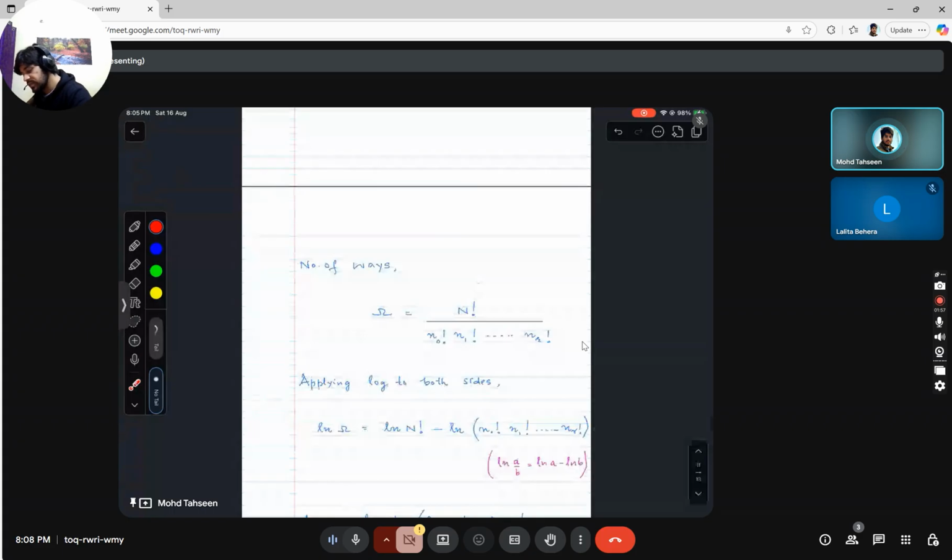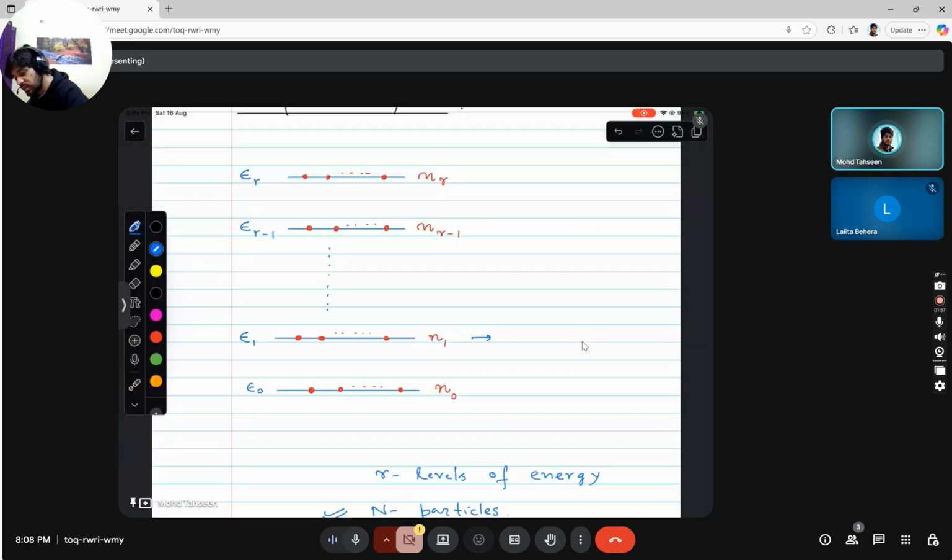What I mean by that is, if one particle goes from here to here, the energy here now would be whatever it was earlier plus epsilon 1, okay? Or let's say two particles go from here to here, from n0 to n1, then the total energy of the system goes up by this one and it goes down by this one, right?